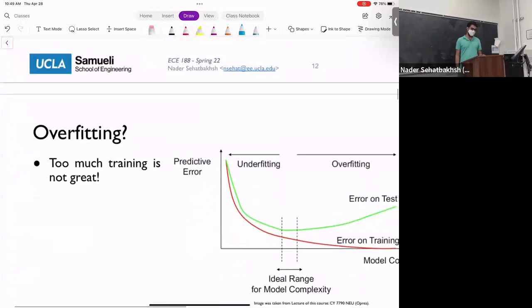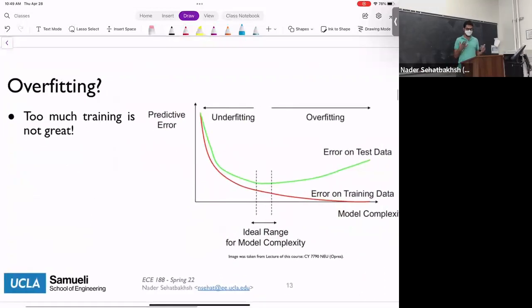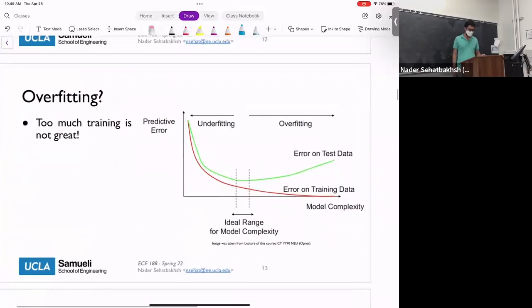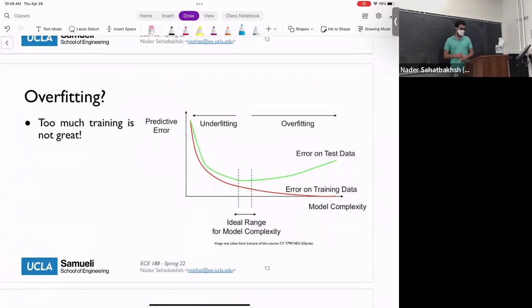And one final thing is the phenomenon of what's called overfitting. What I'm showing here is the model complexity, which means how many weights or parameters we have in our model, or how much time it takes for training our model. And this is our error.